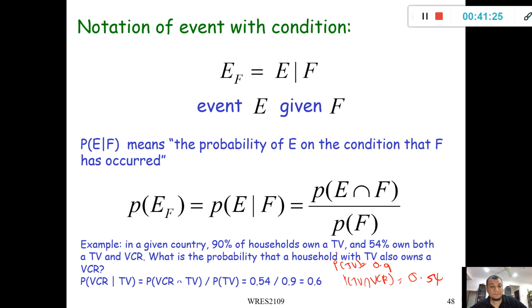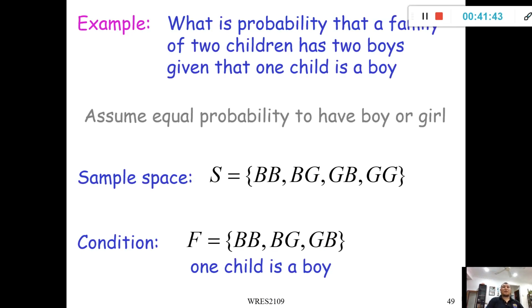So I want to say that the household with TV also owns a VCR. So given TV, P(VCR given TV), you use this formula and you get 0.6.